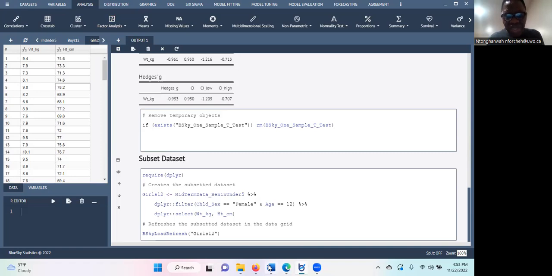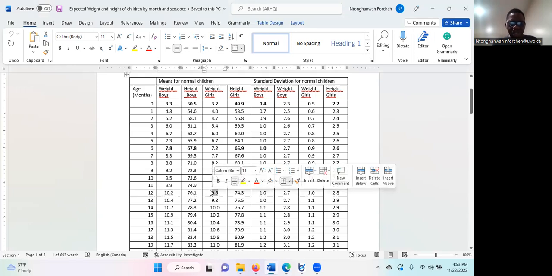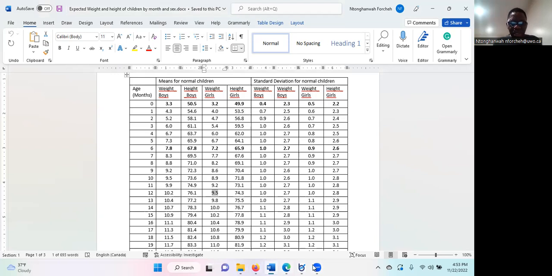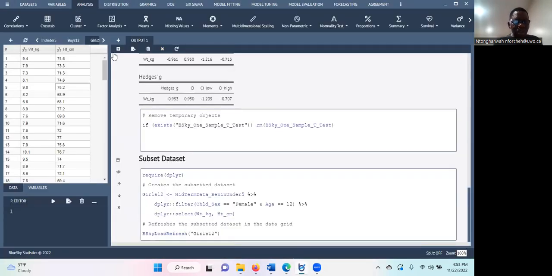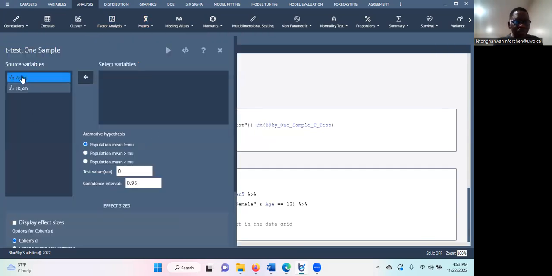First, let's check what the expected values are. The expected value for girls is 9.5. So let's go and do that check. The new data set, so we'll have to start with analysis again. Mean is again a one sample t-test, and we're looking at weight.